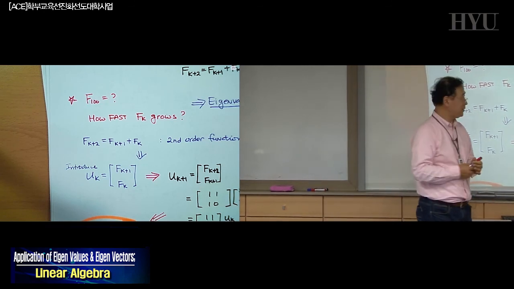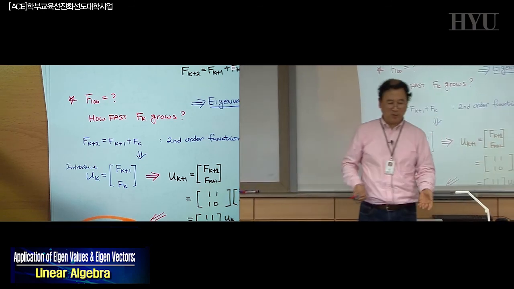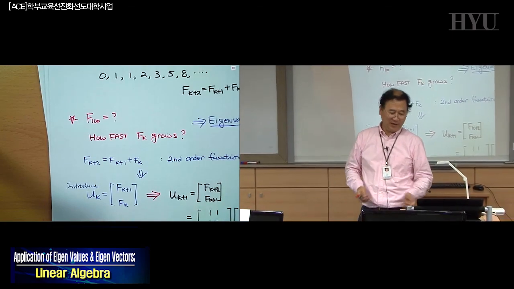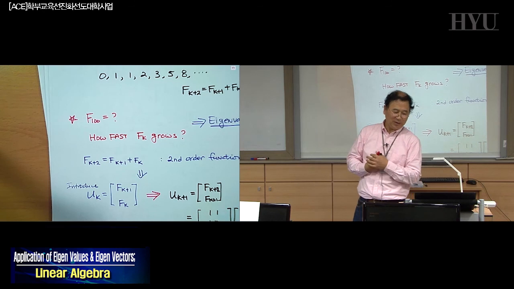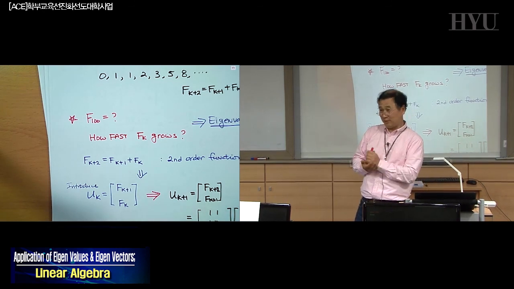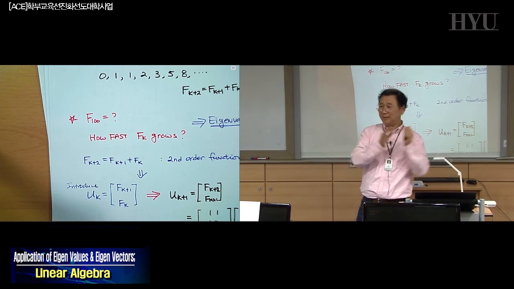So usually it's 0, 1, 1, then 2, 3, 5, 8. This was the initial condition, right? What you want to compute here is, can you find F100? Anybody learned how to compute that?